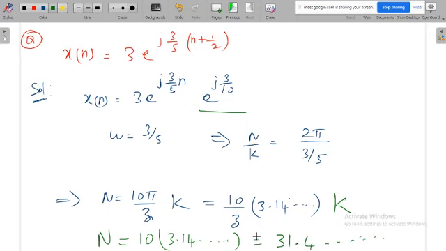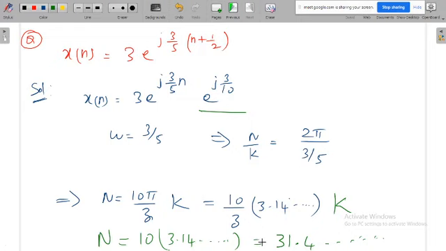Integer means, again I'm telling, a complete number, like 1, 2, 3, 4. Is it a complete number? It's not an integer.